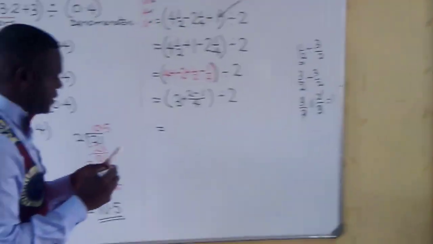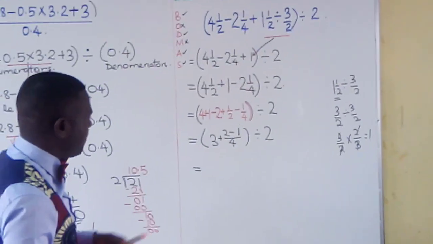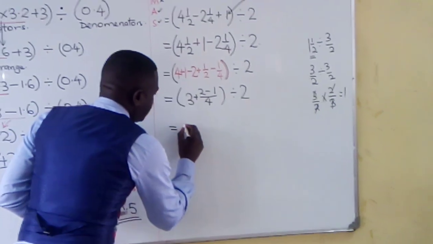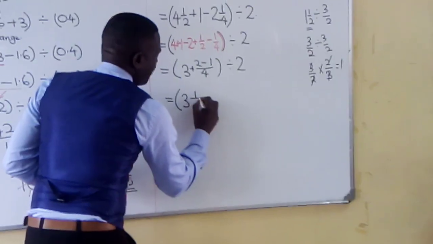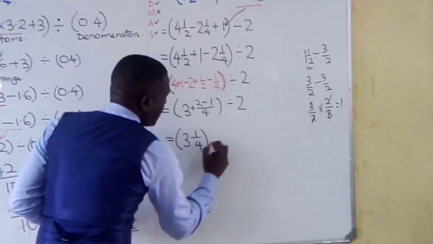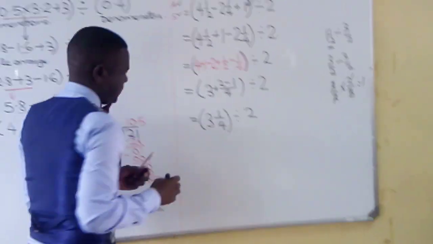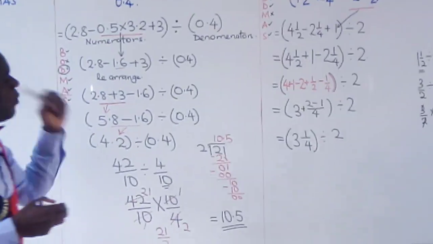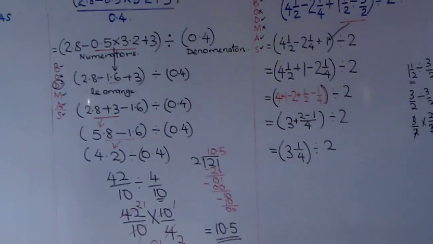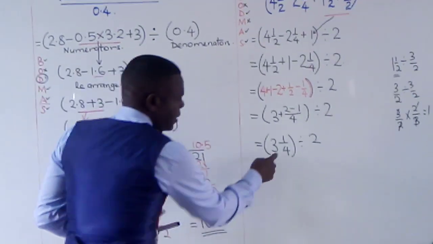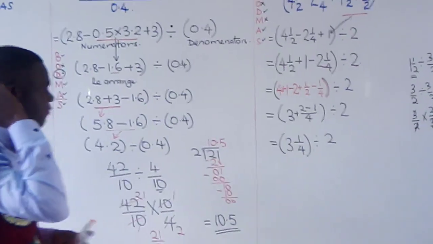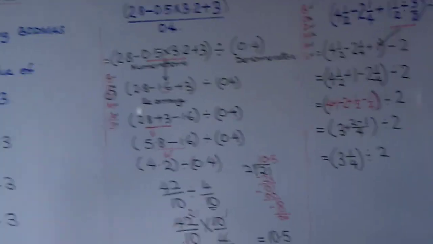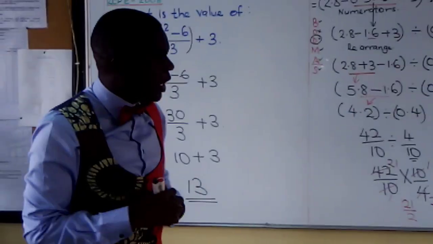It's a long step, a long sum. 3 whole, bracket is 3 whole, that 1 over 4, divided by 2. Now we want to do away with the brackets and remain with the improper fraction. Somebody help me find the improper fraction of 3 whole 1 over 4.